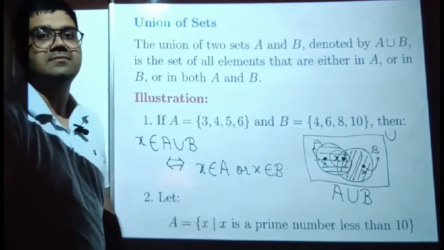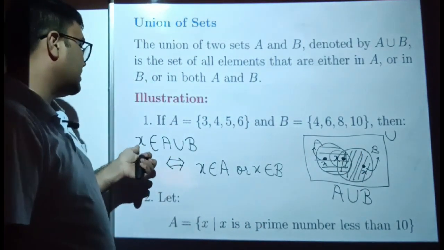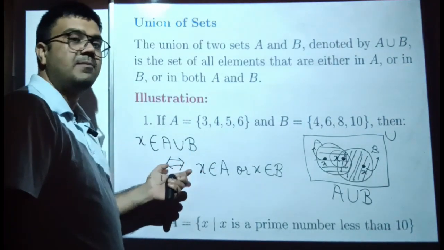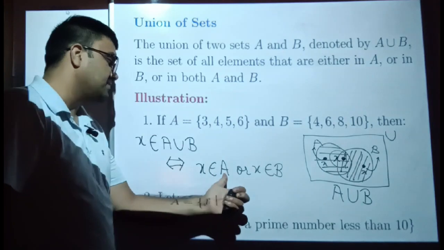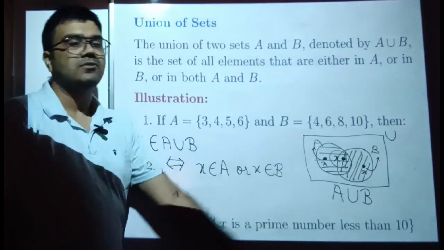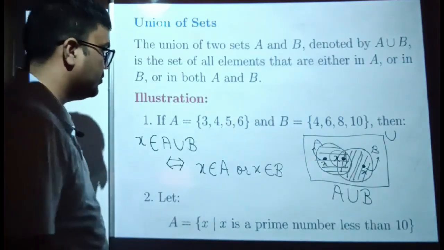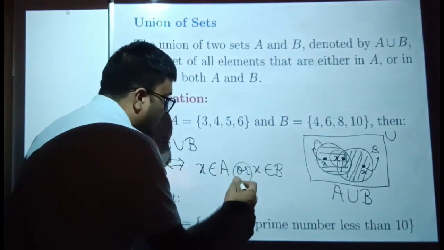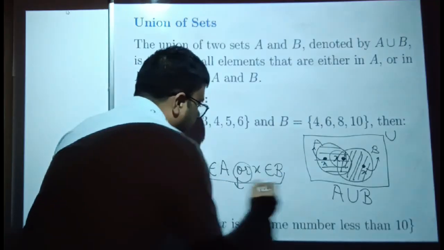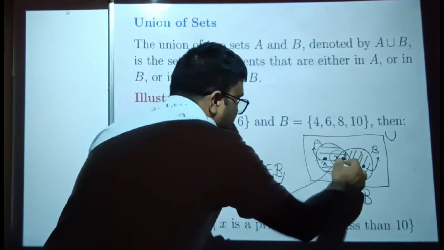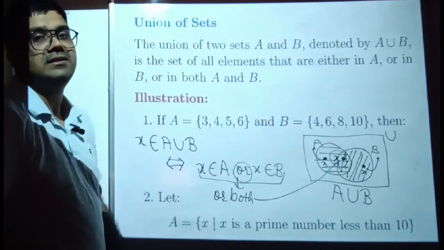All three cases we are considering. So when X belongs to A union B, this is implied by and implies that X belongs to A or X belongs to B. It is important to note that when we use this or, we are also including the condition of both.